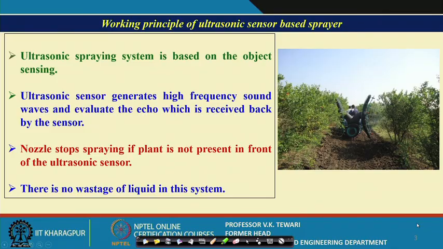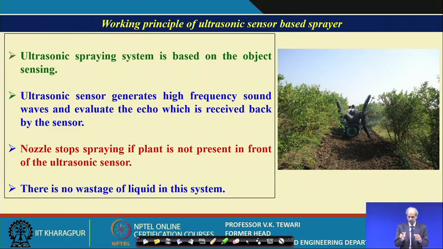So, the working principle of this ultrasonic sensor based sprayer, what is the working principle here? Based on object sensing, if the ultrasonic sensor finds an object in its path, then it reflects, and that principle is utilized.